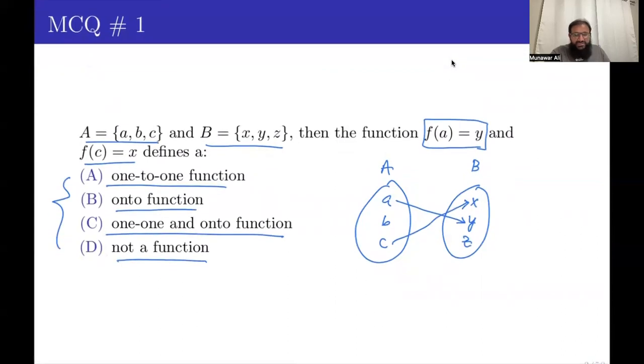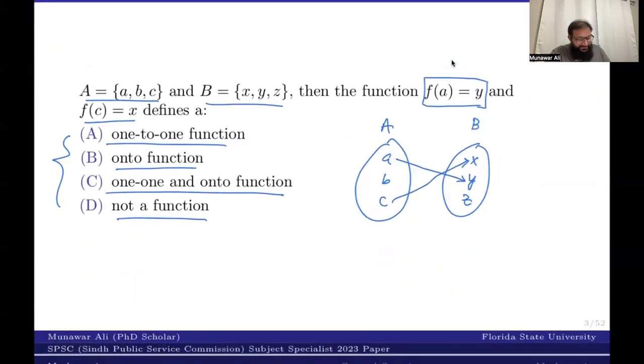When we look at the definition of a function, it is that for each element in the domain set, there exists a unique Y in the codomain set such that Y is equal to f of x. So there are 2 important things here.